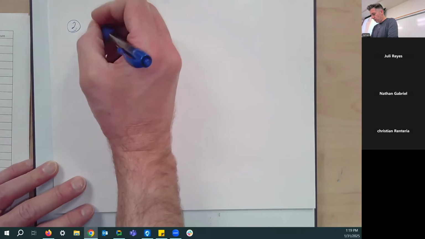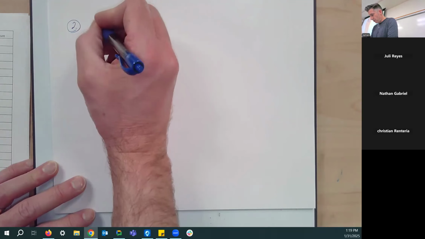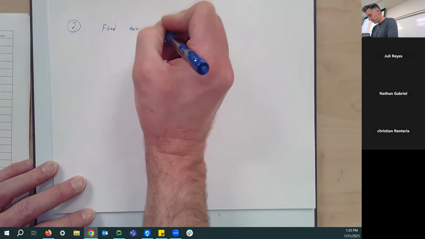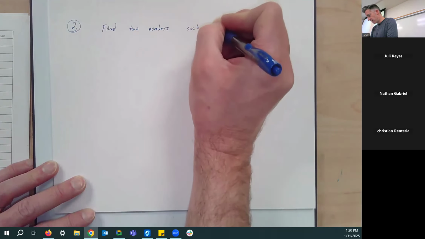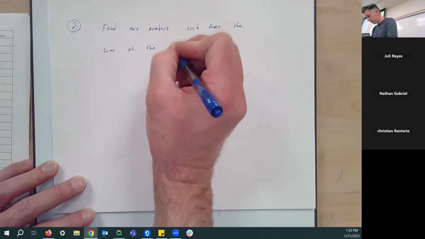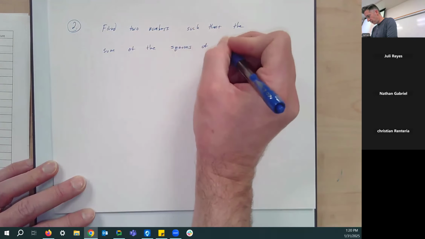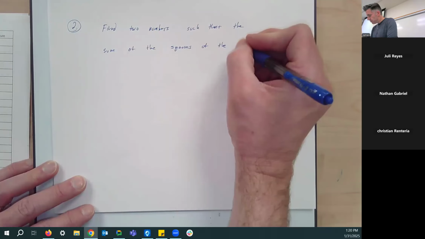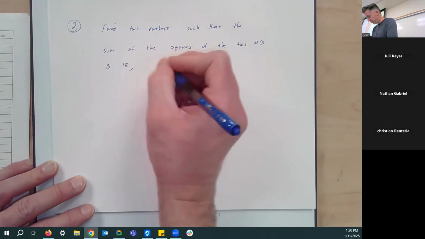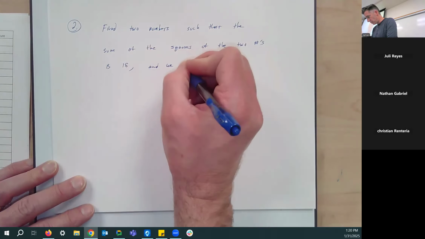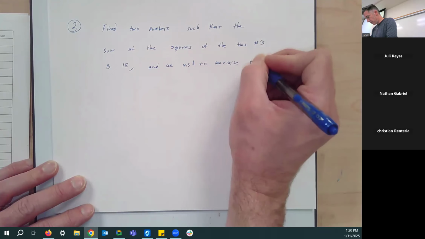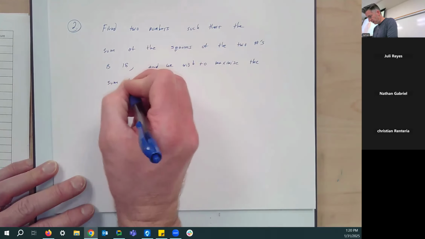We want to find two numbers such that the sum of the squares of the two numbers is 18, and we wish to maximize the sum of the original numbers.